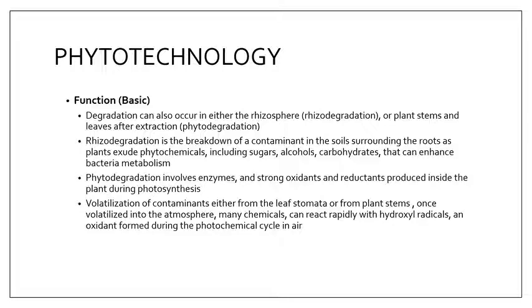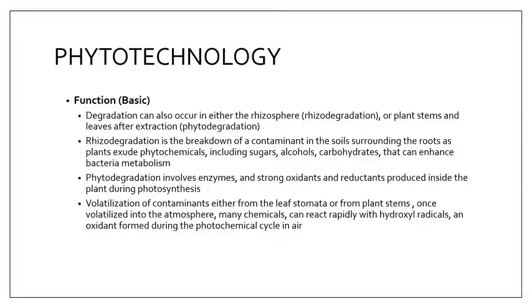So what they do here is they store the contaminants in the root zone, and then the plants release chemicals that can help the bacteria in the soil to break down the contaminants. So the plants might release sugars, alcohols, or carbohydrates, and these will be consumed by the bacteria, and they get to metabolize faster, which will in turn help in the breakdown of your contaminants.